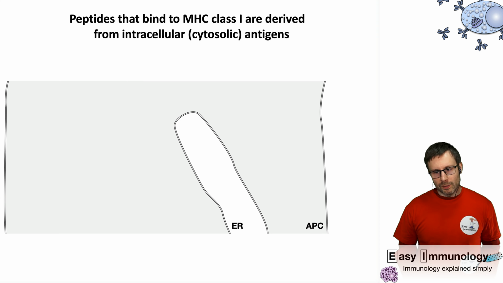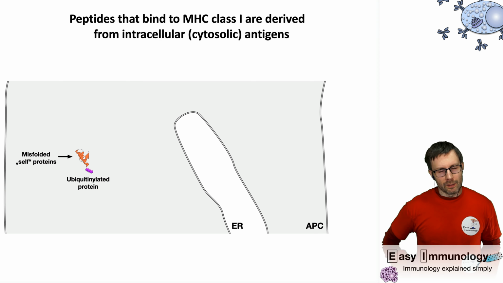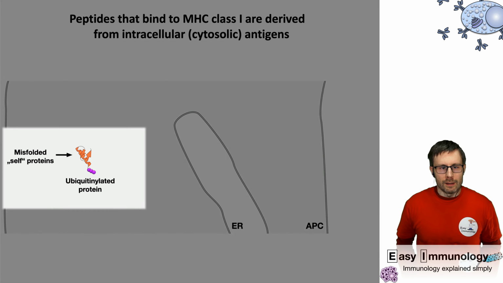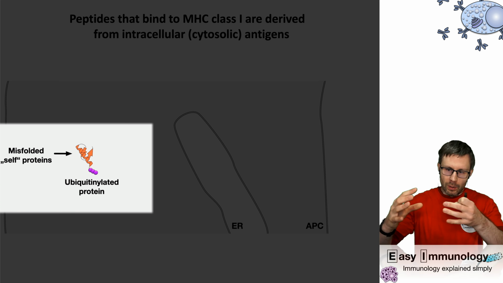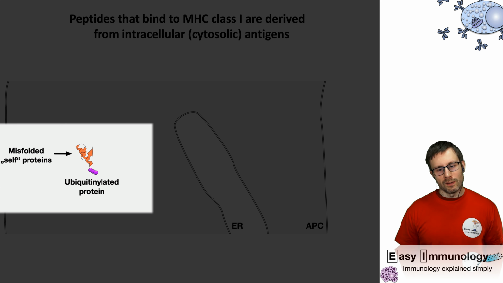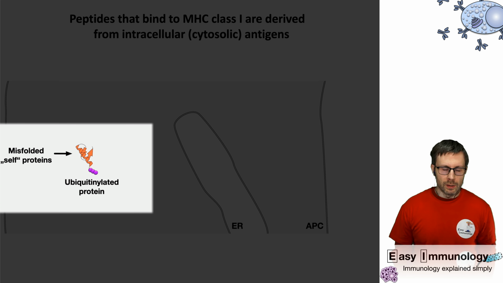So here we have an antigen-presenting cell, and what this cell does is the same for all cells in our body. They make new proteins all the time, and once the proteins are old, they must be replaced by new ones. And also, protein production is a very complicated process. As you might know, a lot of proteins do not correctly fold into their very, very complicated structure.